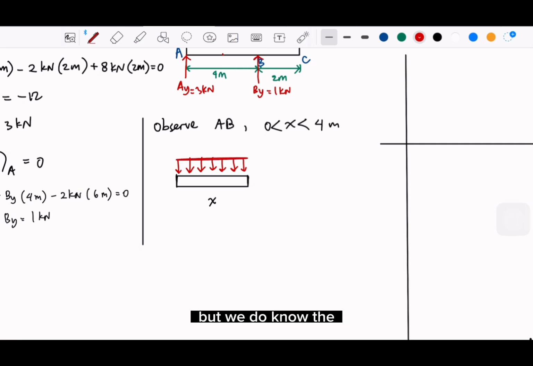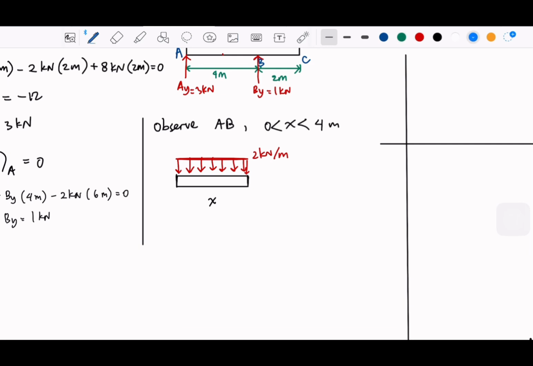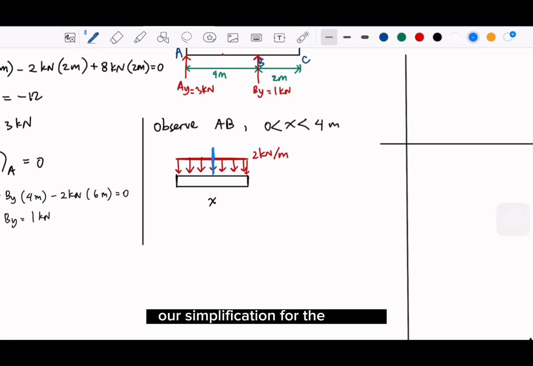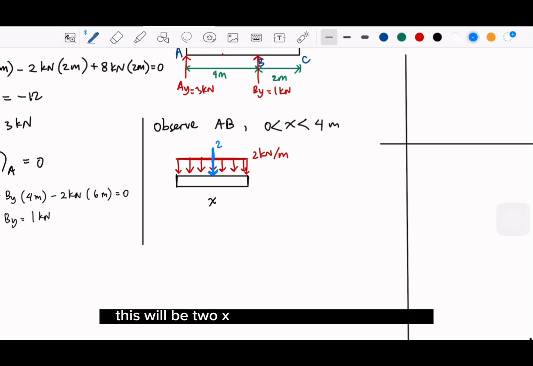But we do know the rate, 2 kilonewton per meter, right? So of course, if we want to simplify the total for x distance, this will be 2x kilonewton, okay?